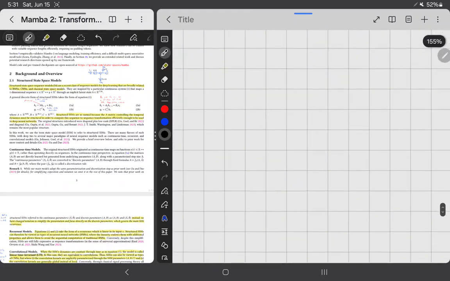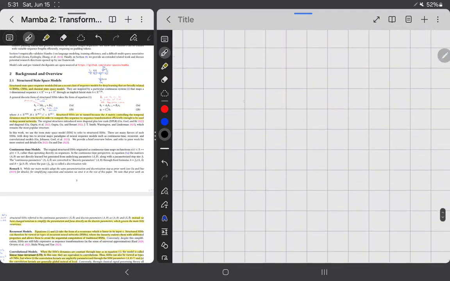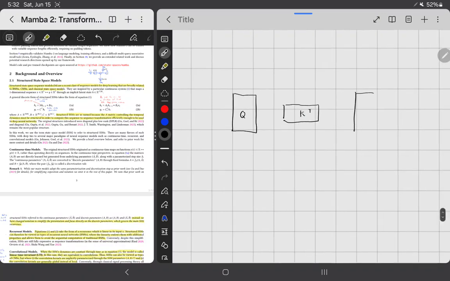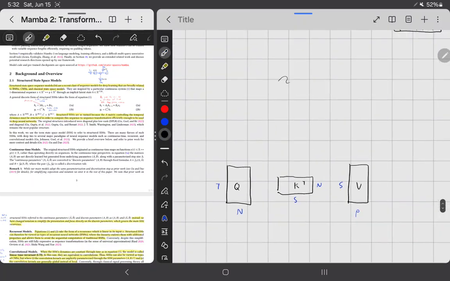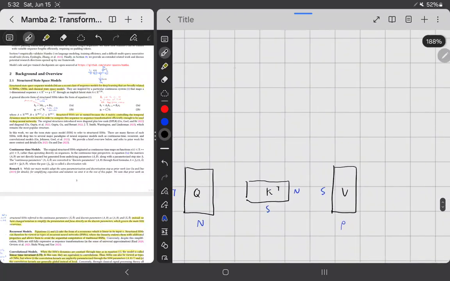Now, if we look at this normal attention, let me draw it out. We have our queries here, our keys here, K transpose, and our values. So our queries are going to be a T by N matrix, our keys an S by N matrix, and our values an S by P matrix. Now, what we do is an inner product between the queries and the keys.